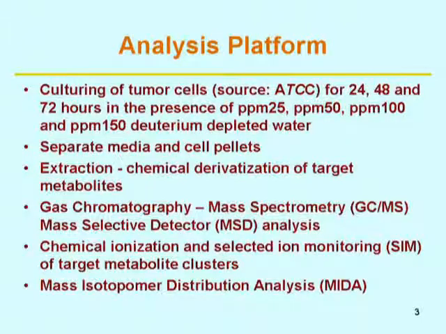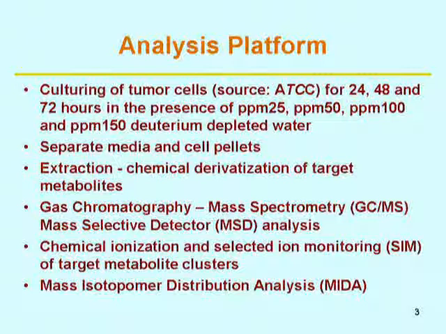The methods that we used were practically the usual scenario, where we separate the media and cell pellets, extract these metabolites, which I described a few minutes ago, and chemically derivatize these metabolites. Then we use gas chromatography and mass spectrometry to determine the positional enrichment with 13C in the products.